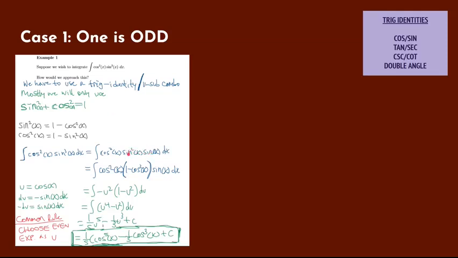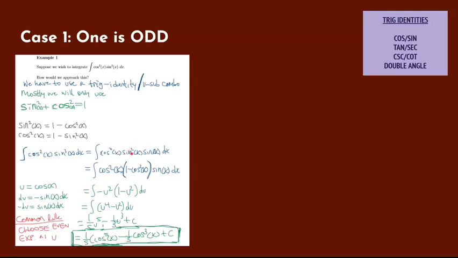So this is equivalent to sine cubed, right? Sine squared times sine x, and then we still have the cosine x here. Then what you do next is you replace one of the ones that there are two of with a trig identity. So what is there two of? The sine x's. What is sine?